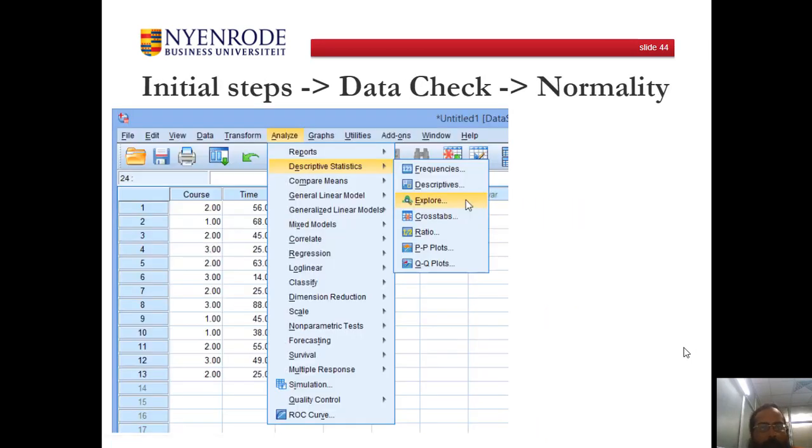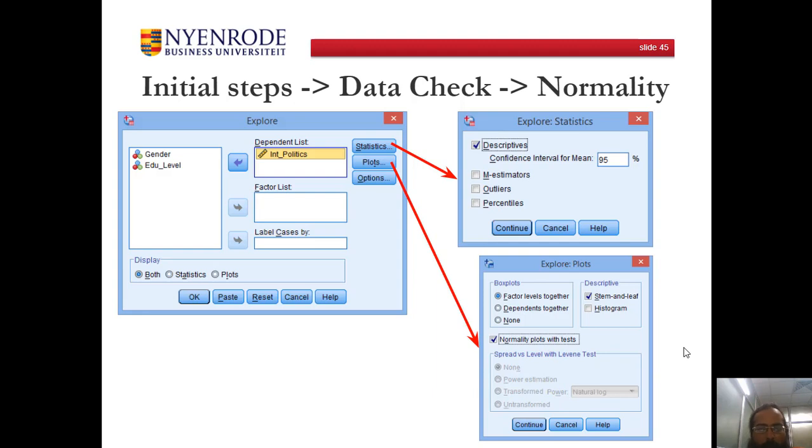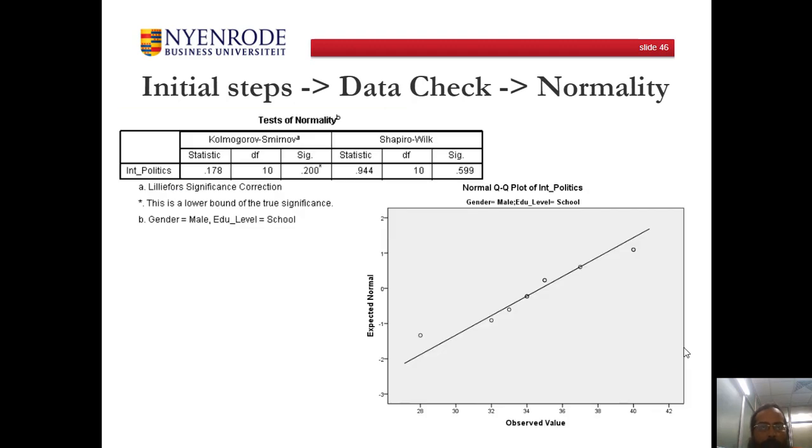You go to descriptive statistics, explore, and then you get an option for doing a check for normality with plots and with tests, and these are the reports. If you see the level of significance, you can infer that they are not normal.